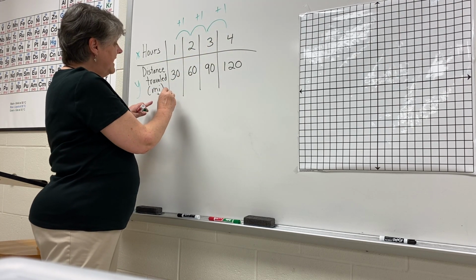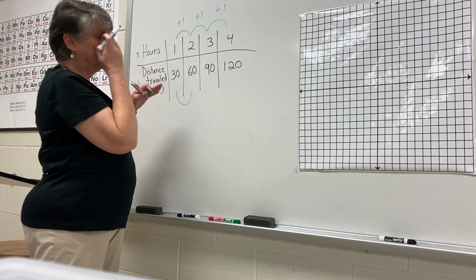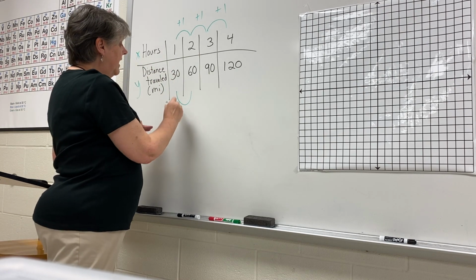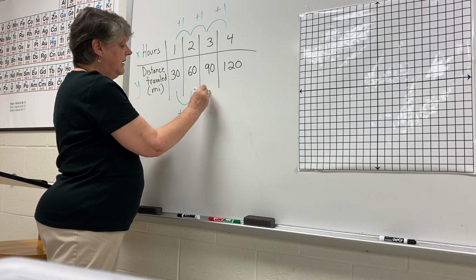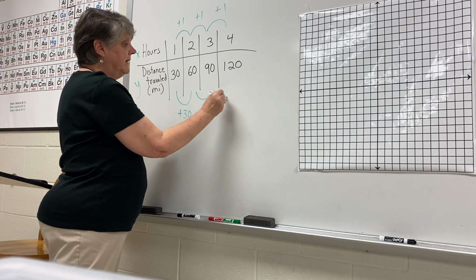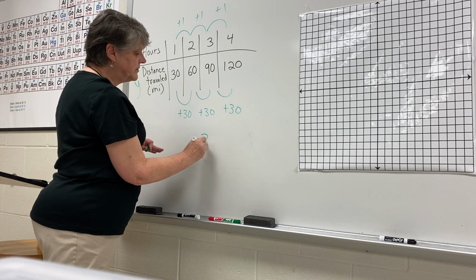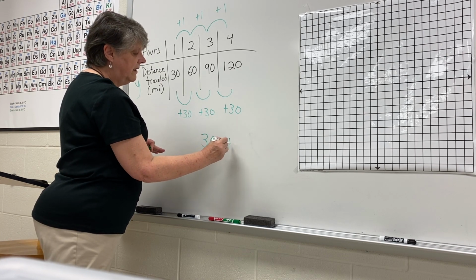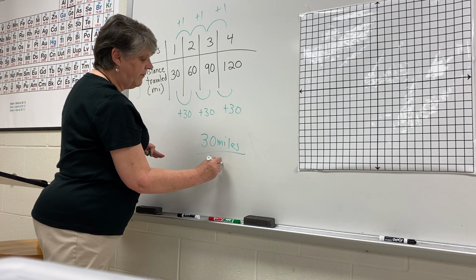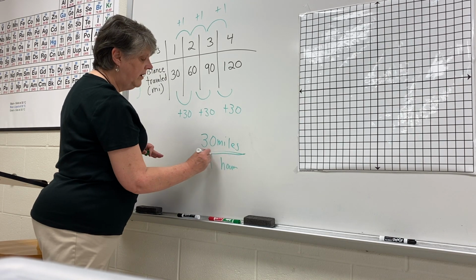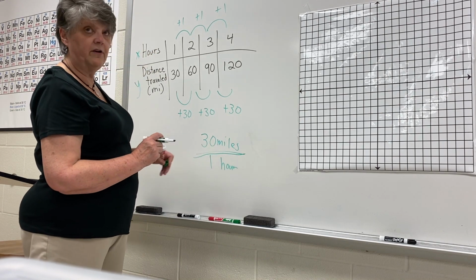Then when I look down here on the Y, how was that affected by the hours we were on the road? Here it was a plus 30, here a plus 30, and here a plus 30. So it looks like my rate of change was 30 miles for every 1 hour.